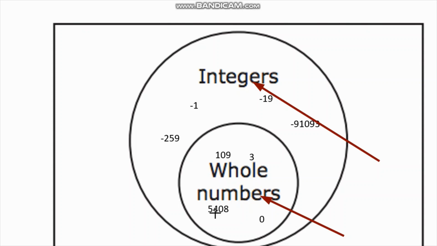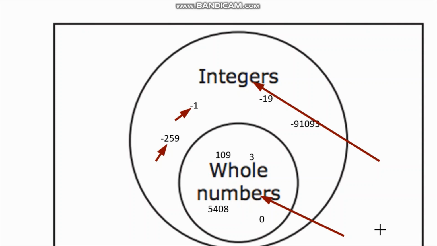This means every whole number is an integer. But if you take a look here, we see other numbers, negative numbers, which are not contained inside the whole number circle. This means that integers contains other numbers which are not included in whole numbers. These are the negative numbers.